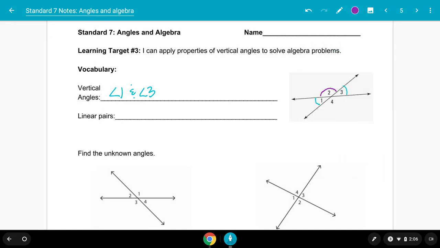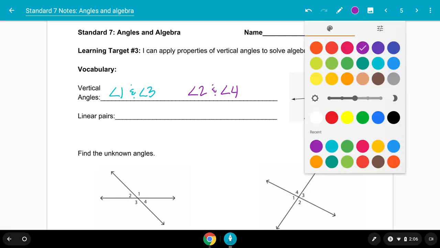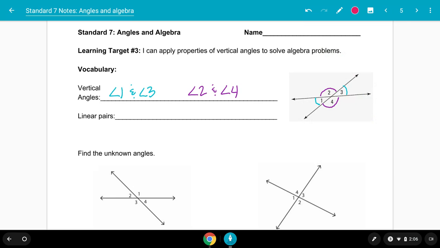Also angle 2 and angle 4 are vertical angles. The cool thing is that vertical angles are equal to each other. So angle 1 is equal to angle 3, and the measure of angle 2 is equal to angle 4.